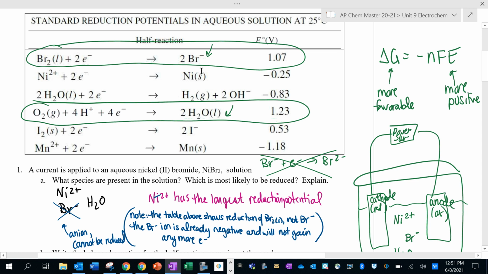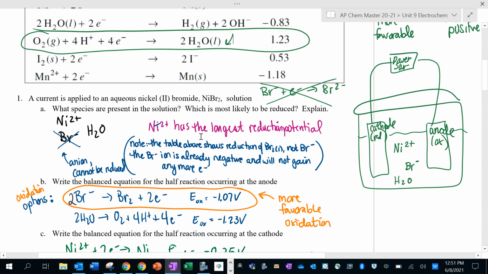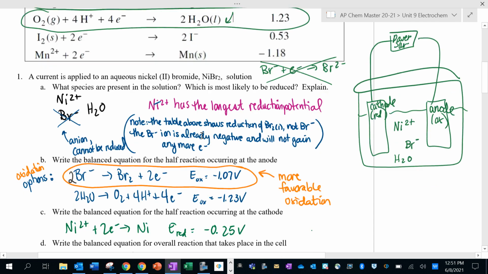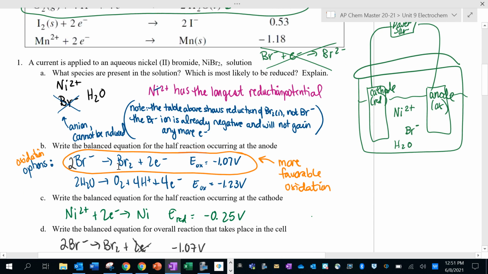Notice that if I look through these possibilities, the nickel 2+ ion does not show up on the right for any of these, so there's no oxidation possibility for it. The only two things that could possibly be oxidized are my anion and water. Here are these two possible oxidations.